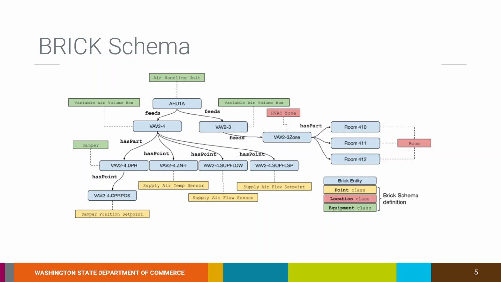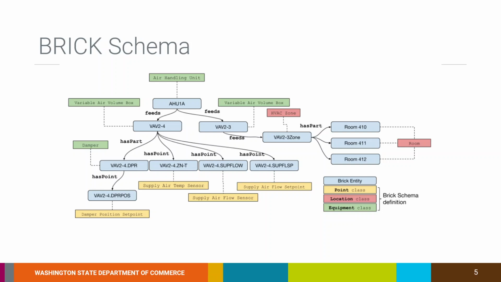So I'm just going to read to you what BRICK schema describes itself as from their documentation. BRICK is an open source effort to standardize semantic descriptions of the physical, logical, and virtual assets in a building and the relationships between them.